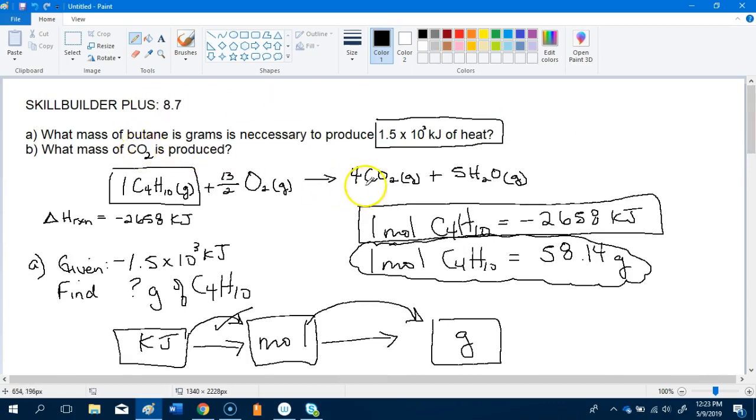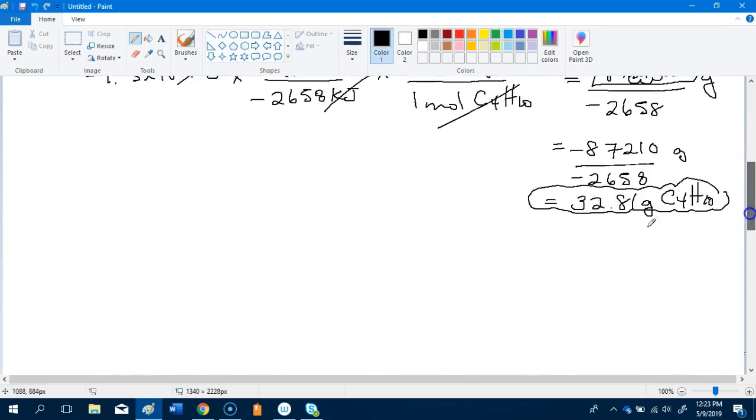Part B, what is the mass of the CO2 produced? Well, first of all, I'm going to need a couple of conversions for that. You can see that we have 4 moles produced when 2,658 kilojoules are emitted. So I'm going to use that.